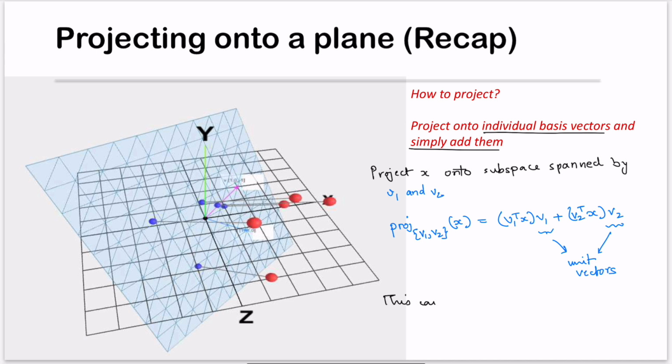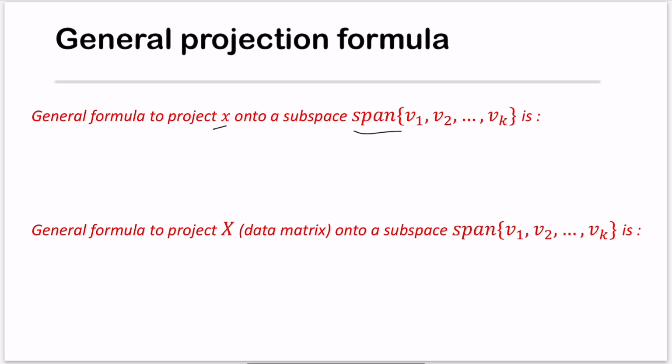It can be observed that this particular property of projecting onto a plane can be easily extended to any subspace which is spanned by a basis given by v1, v2 up to vn. So the general formula to project a data point x onto a subspace spanned by v1, v2 up to vk, let me call it capital V, is given by v1 transpose x times v1 and so on up to vk transpose x times vk.